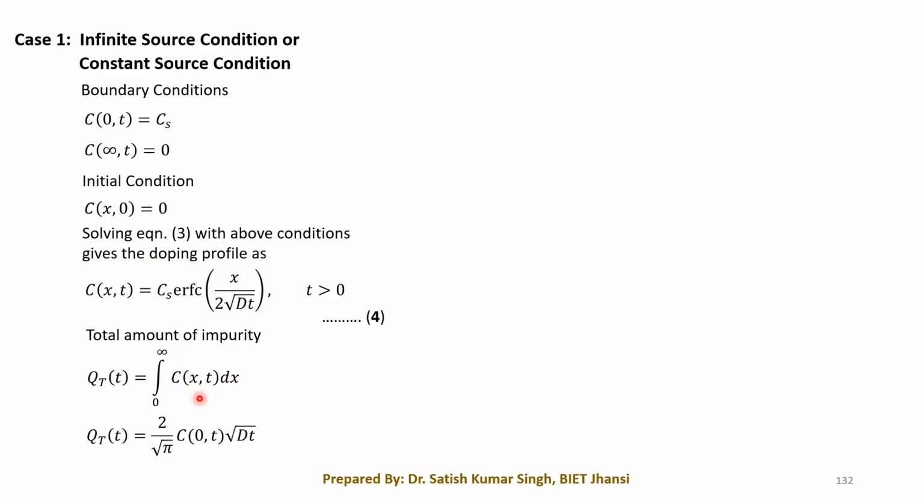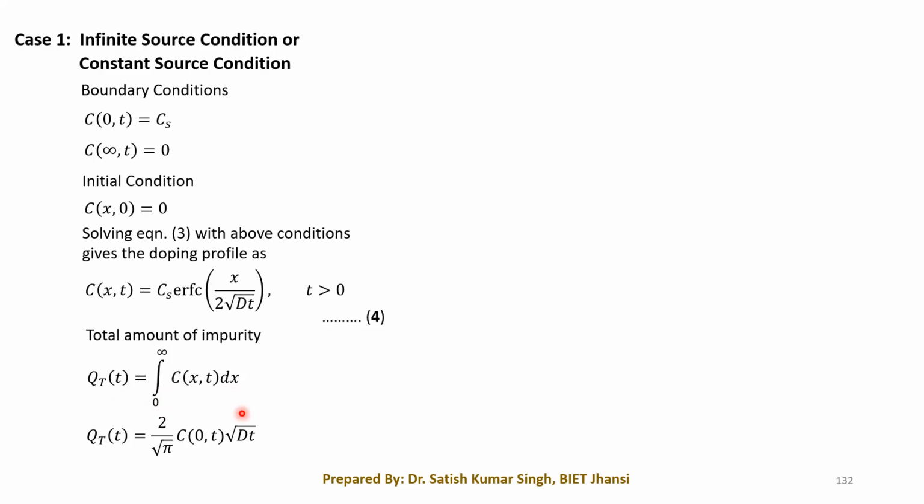When it is a three-dimensional diffusion, then we have to go for the limits 0 to infinity for all x, y, and z. But here we are considering just one-dimensional diffusion. So the total amount of impurity can be calculated as Q(t), the integral from 0 to infinity of C(x, t) dx.